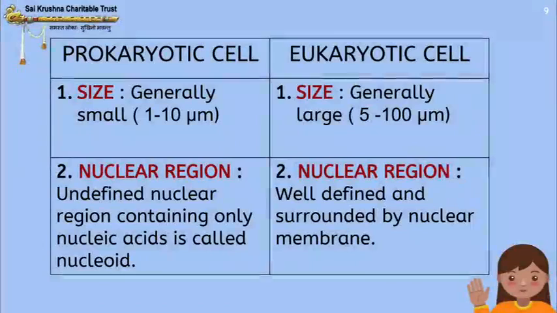So in prokaryotic cells, the nuclear region is poorly defined. They lack a nuclear membrane and the nuclear region contains nucleic acids and is called nucleoid.